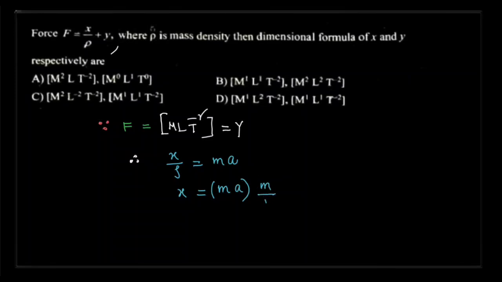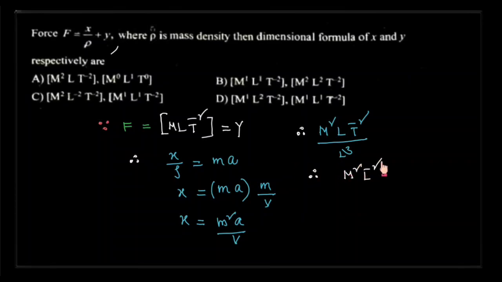Therefore the dimensions of X can be written as M square, acceleration by volume. Therefore this can be written as M square, acceleration L T power minus 2, by L cube. Therefore the answer for X is M square L power minus 2 T power minus 2.